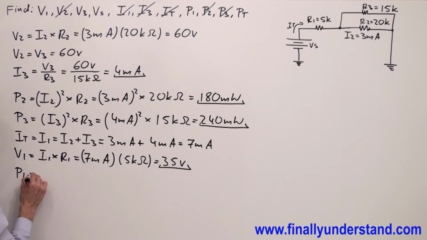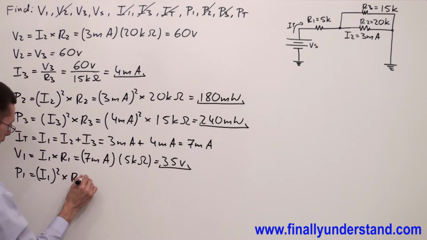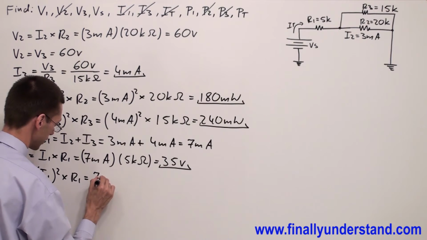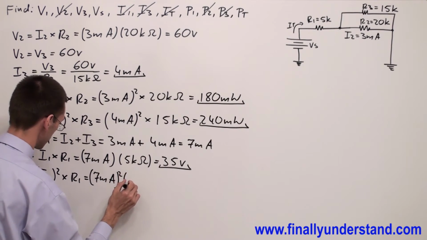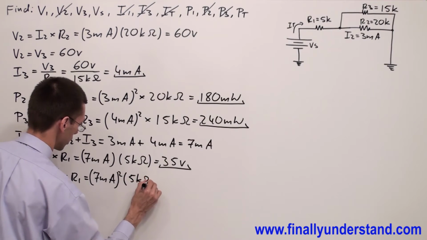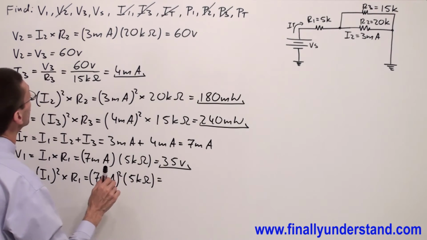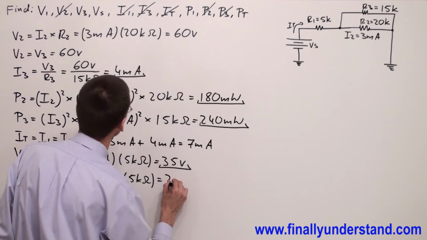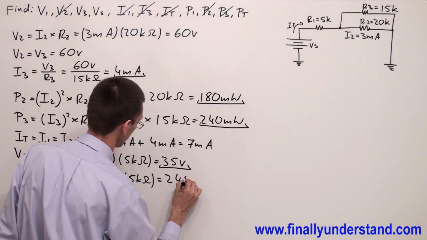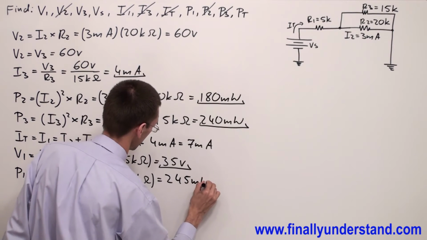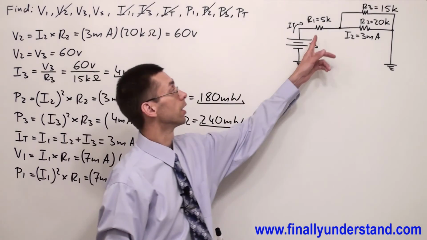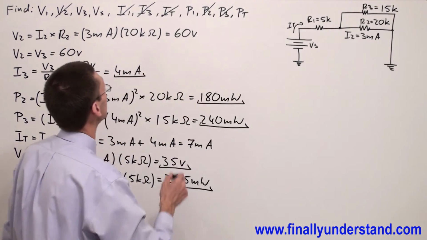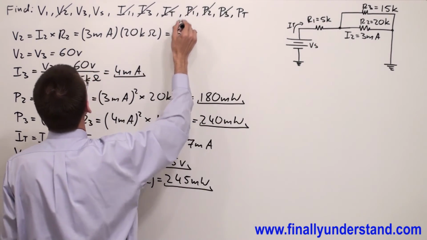So P1 is equal to I1 squared times resistor R1. So this is 7 milliamps raised to the second power times R1, 5 kiloohms. This is equal to 245 milliwatts. Okay, so this is power at resistor R1. So we found P1.